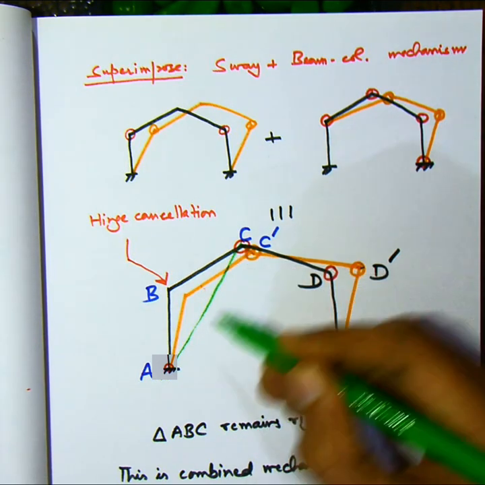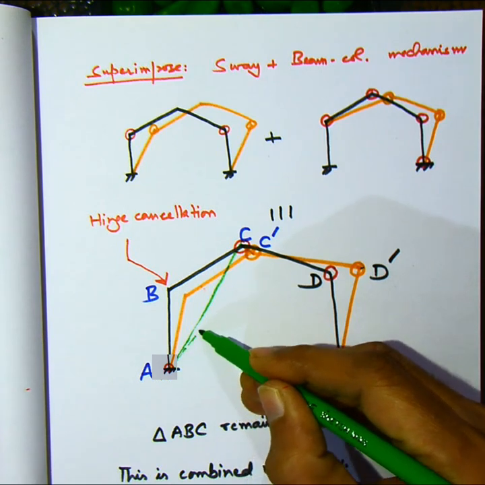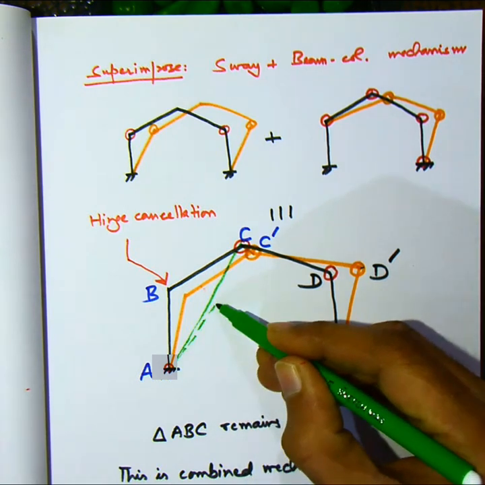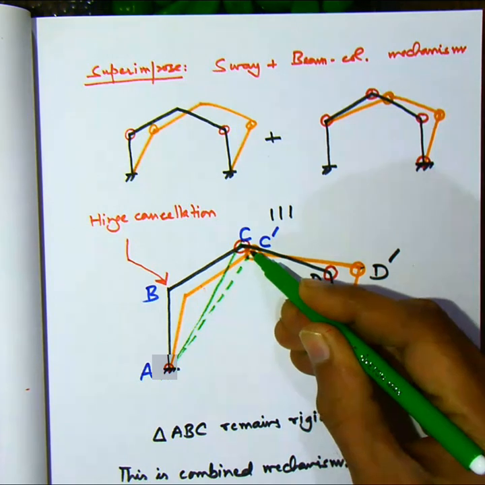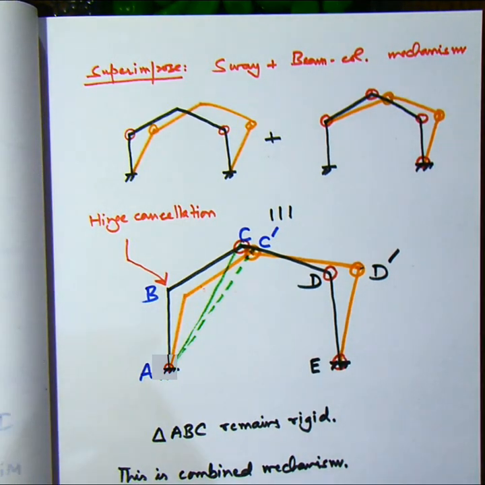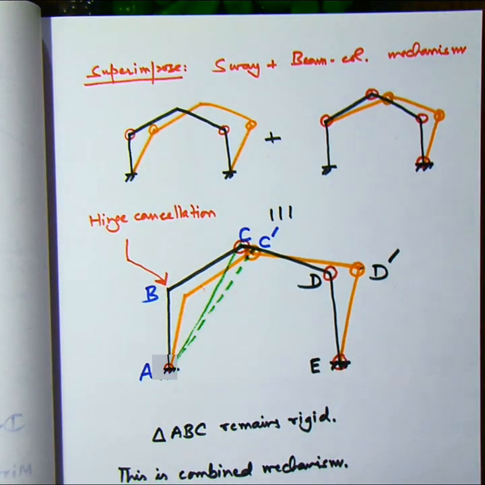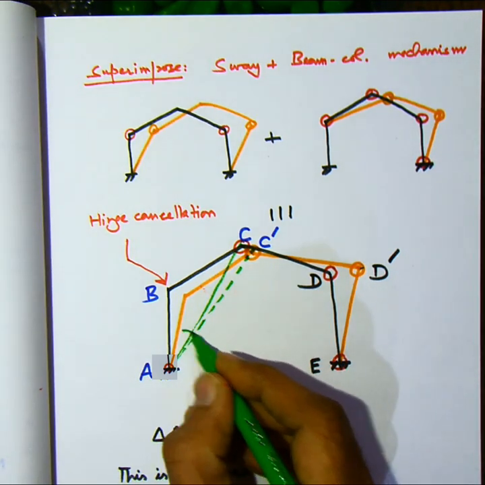So this line, how does the movement of C happen? So basically C moves normal to the line AC. So we assume that the rotations are very small, these are virtual rotations.